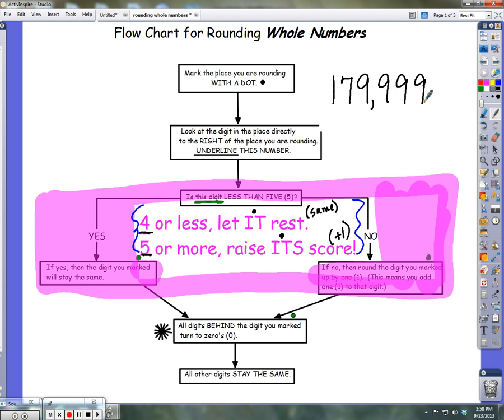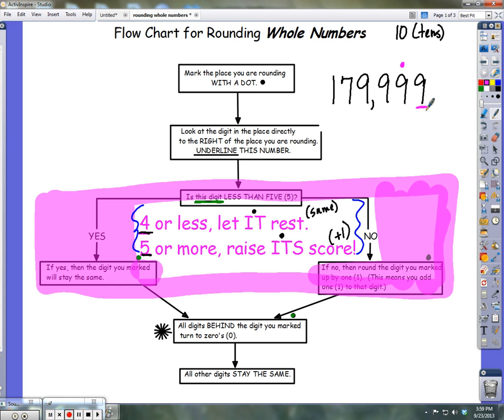And you want to round this number to the nearest 10, or the nearest tens place. So, mark the place you're rounding with the dot. This 9 is in the tens place. Next step, look at the digit to the right and underline it.